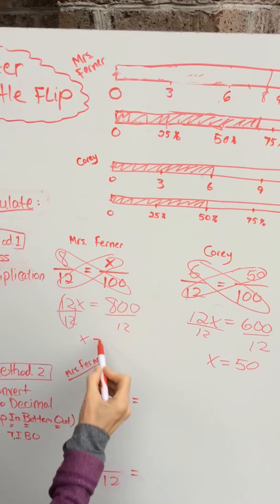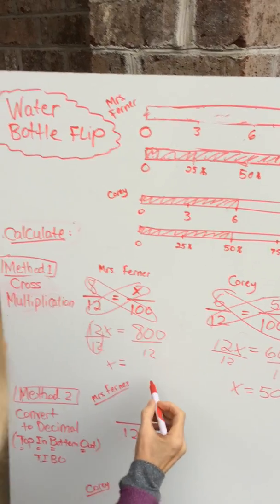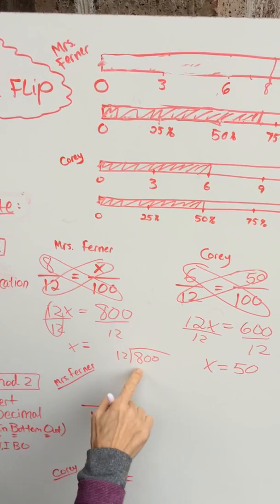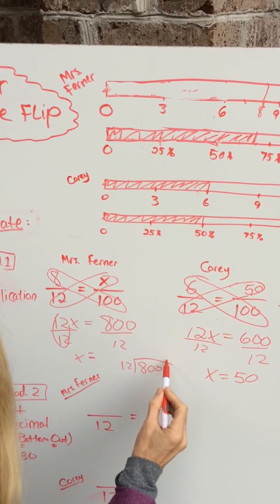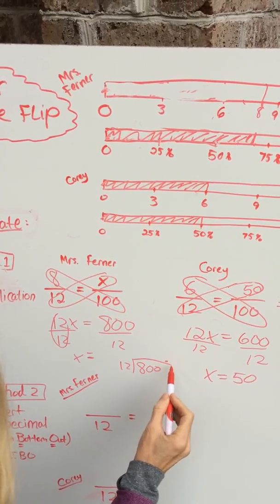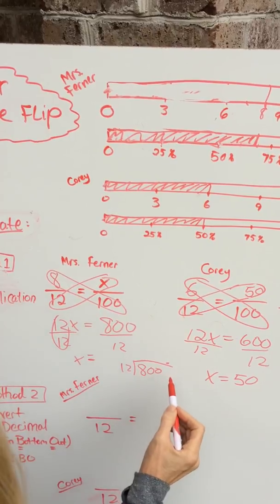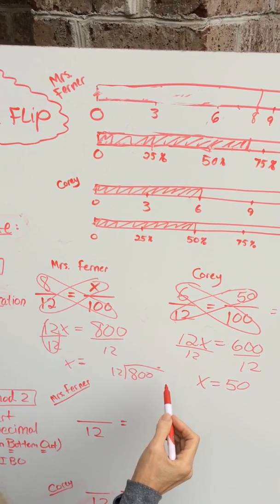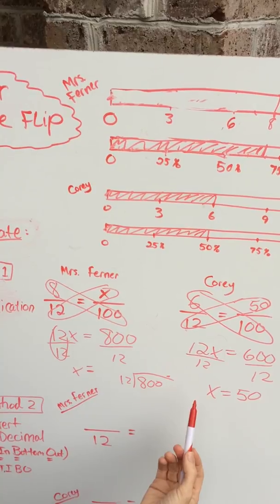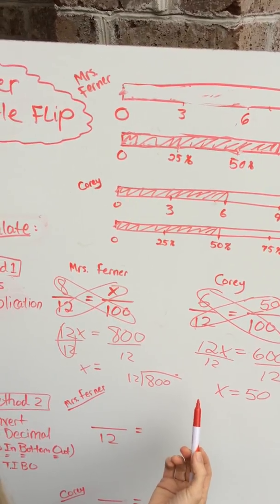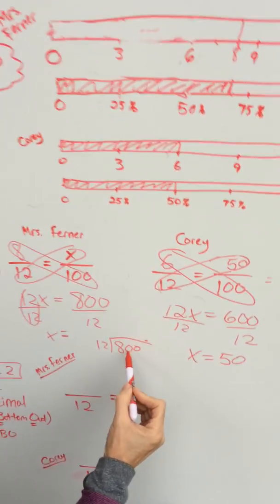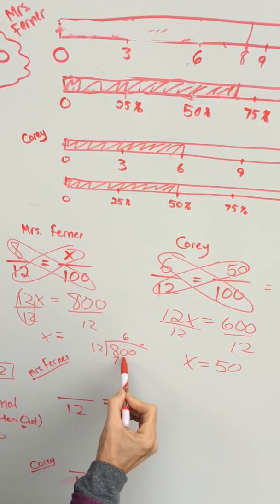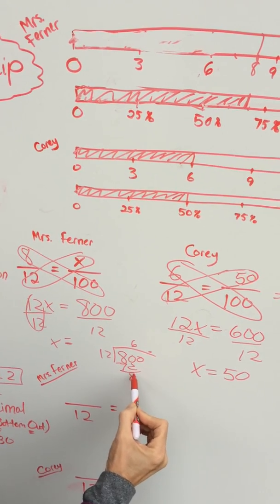So x equals, I don't have a calculator, so I'm going to do top in, bottom out. 12 doesn't go into 8, so I'm going to add my decimal right here. 12 goes into 80, 5 times would be 60, 6 times would be 72. 80 minus 72 is 8, bring down the 0.